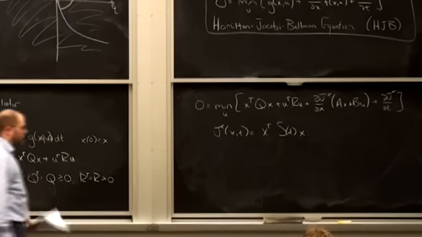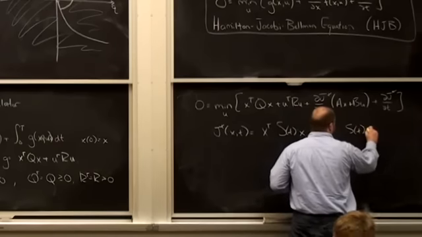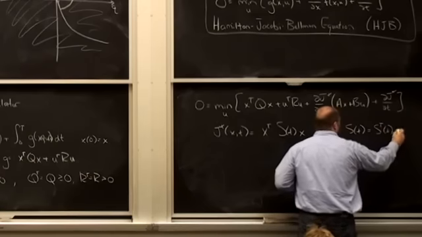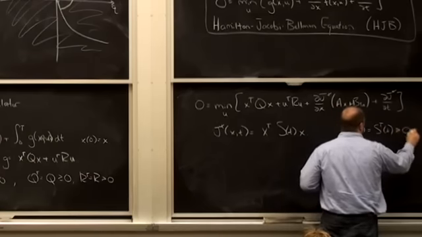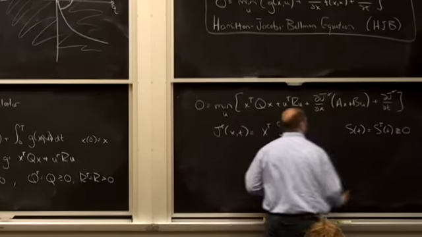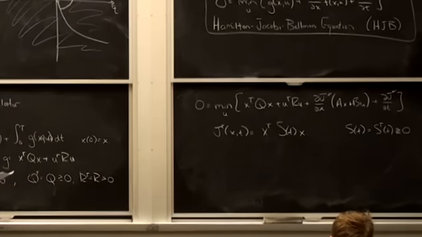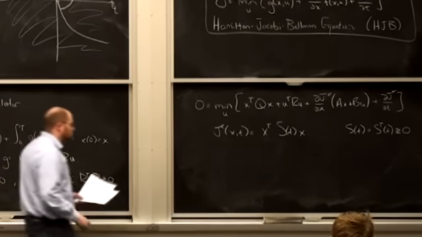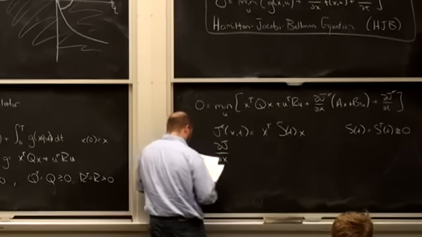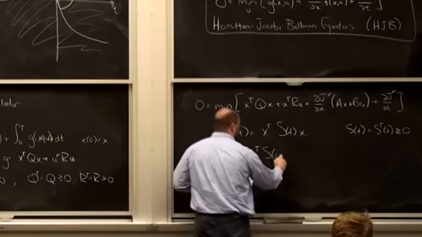Again, it's going to have to be positive. In that case, partial J partial x is 2x transpose S(t).